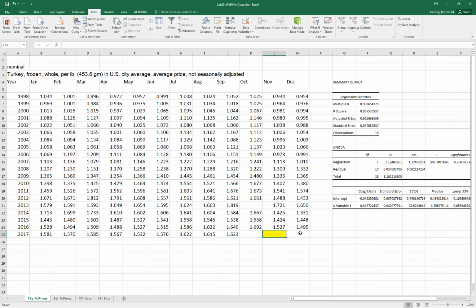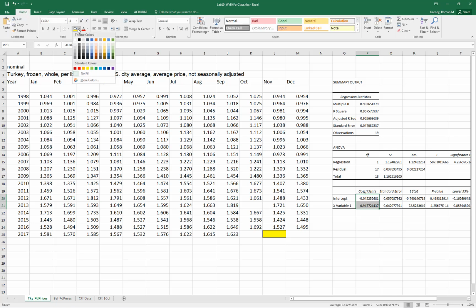Okay, so we have a model that says, give me the September price and I'll give you a prediction of the November price. So that means we are going to use these two values right here as our predictor, as our method for predicting this. So we can just go down here to the yellow cell and type equals, and it's just going to be a formula.